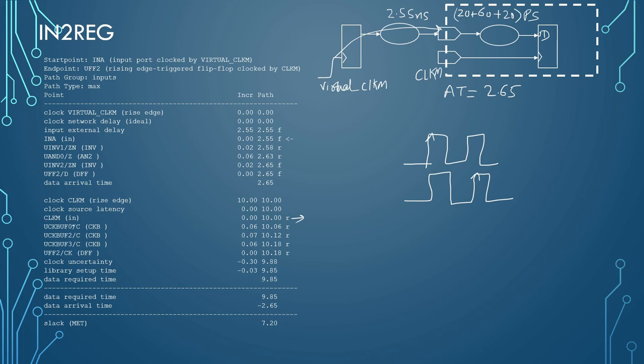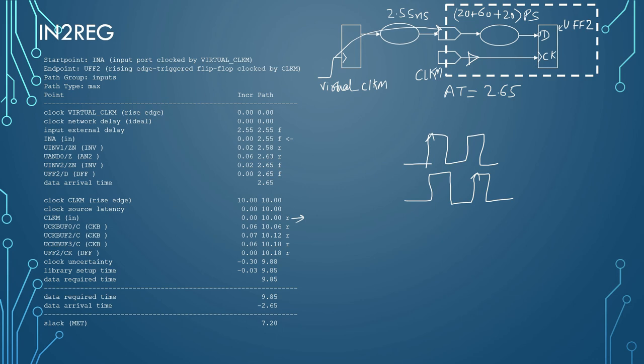After that CLKM in starts. After that we have a buffer, UCKF buffer 0, which has 60 picoseconds of delay. Let's draw one buffer for reference, then another buffer 2, and another buffer 3 before it reaches UFF2/CK. This is the CK pin of the flip-flop named UFF2.